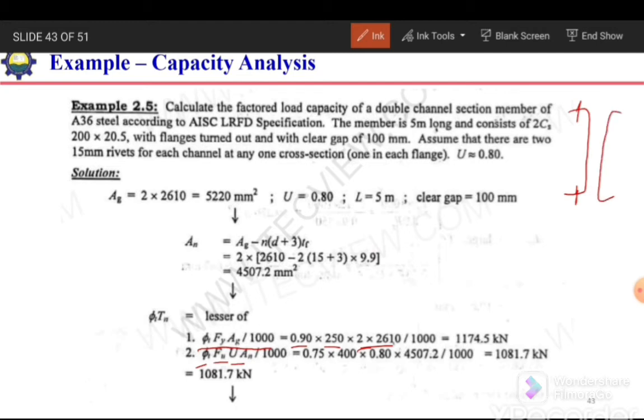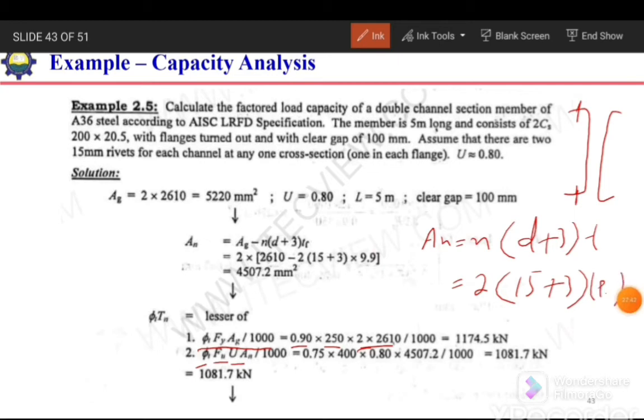So the net area will be equal to Ag minus n times d plus 3 into t. For one flange or one channel section, n is 2 and d is given 15 millimeter plus 3, and the thickness is 9.5. From here we can calculate the net area for one C, and as we have 2 C's at any cross section, we need to multiply this with 2 to get the net area of the built up section.